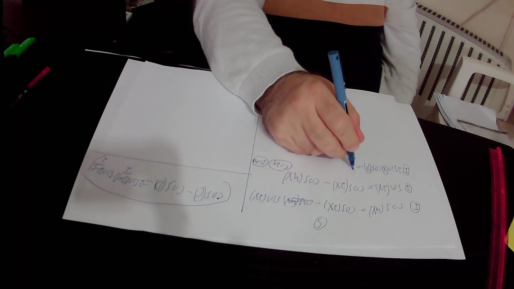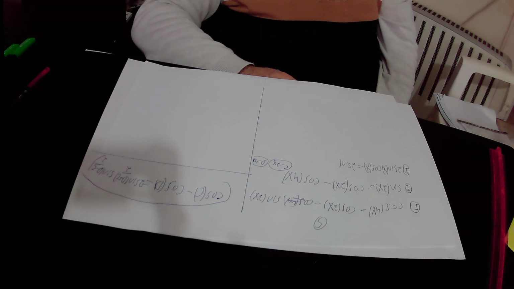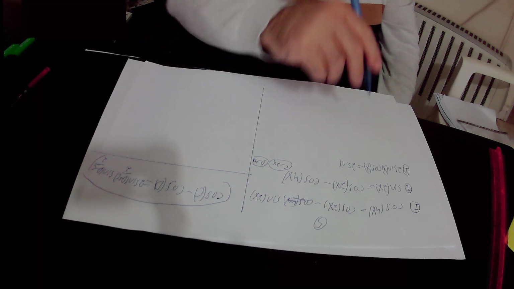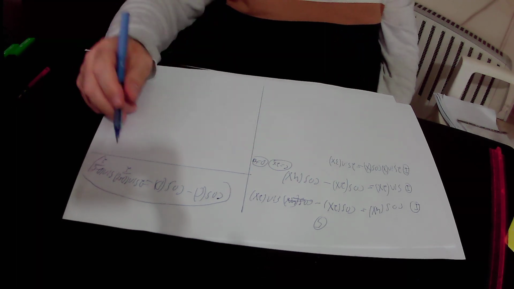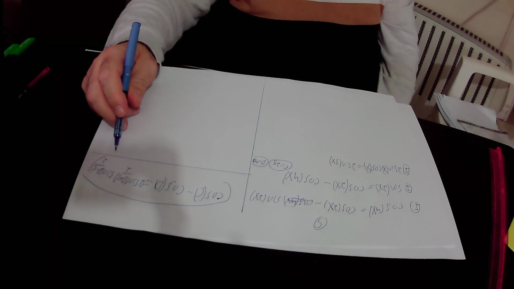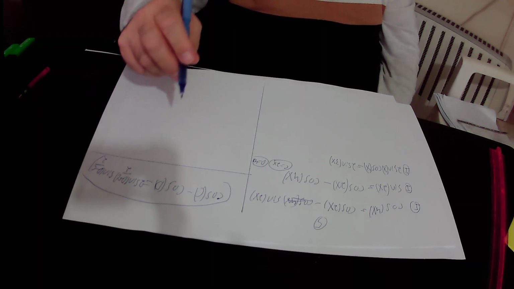It equals 2 sine, D is 4x and C is 2x, so D plus C is 2x plus 4x is 6x, and 6x over 2 is 3x, times sine (D minus C) over 2. D is 4x and C is 2x, so 4x minus 2x is 2x, and 2x over 2 is x.